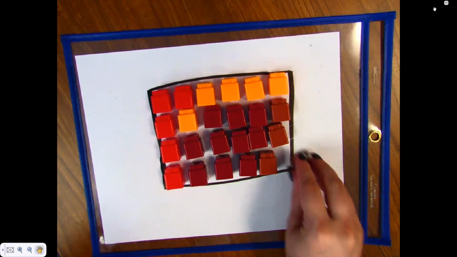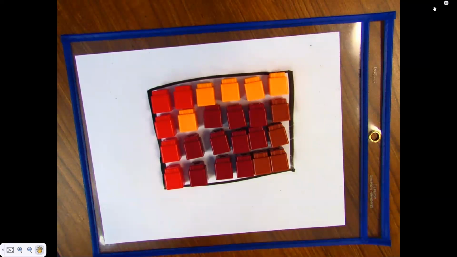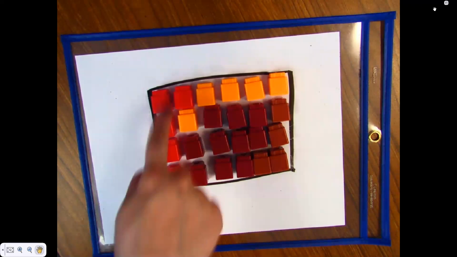Okay, if I fill this whole thing with cubes, how else do you think I could find the area? Think about those array models and the area models we did for multiplication before. How could I also find the area?